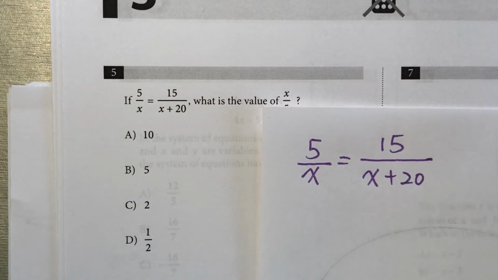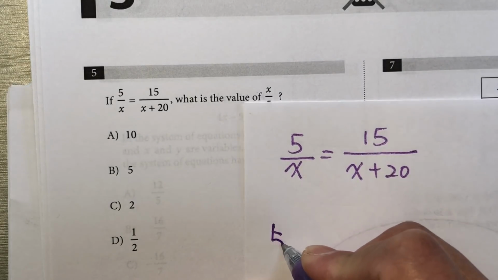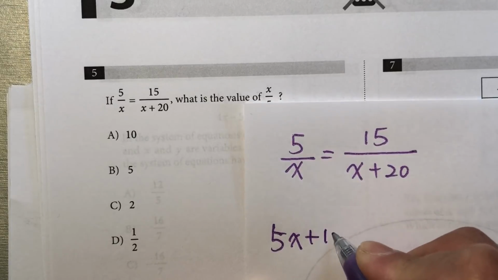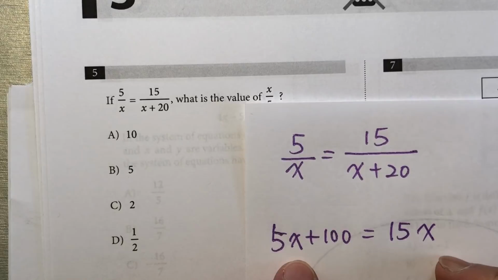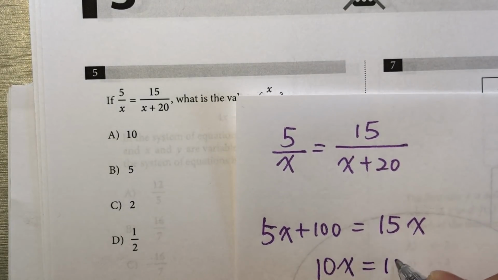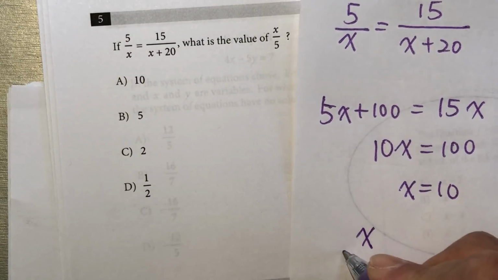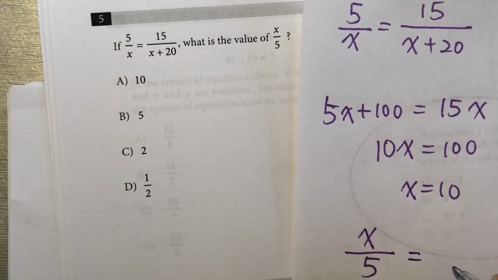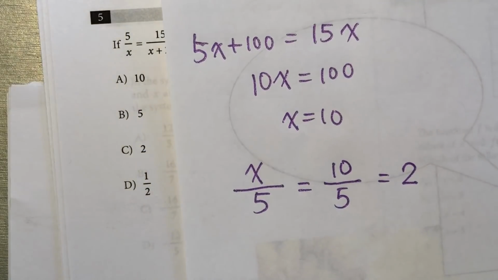So we transfer it like 5x plus 100 equal 15x, and move this x, 10x equal to 100, x equal to 10, and x divided by 5 equal to 10 divided by 5 equal to 2. So the answer is 2.